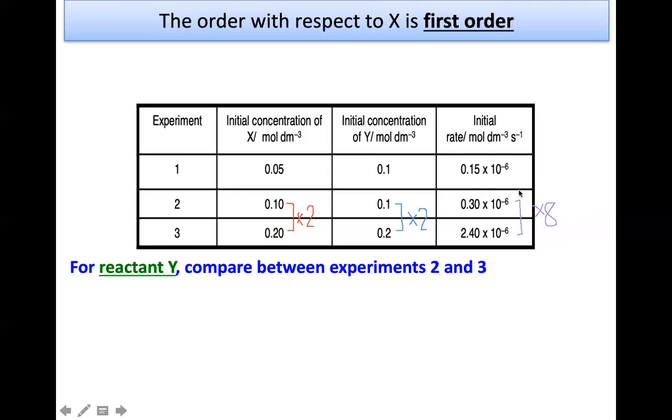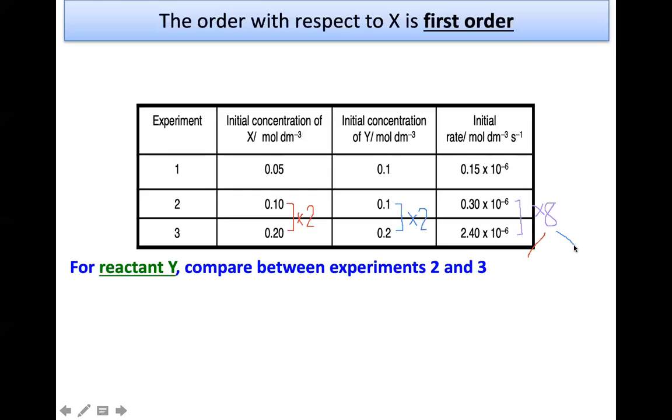Now this factor of 8, or increase by a factor of 8, is actually a combined effect of changing your X and changing your Y, okay? So it's a combined effect. That means times 8 is caused by your X as well as your Y, okay?